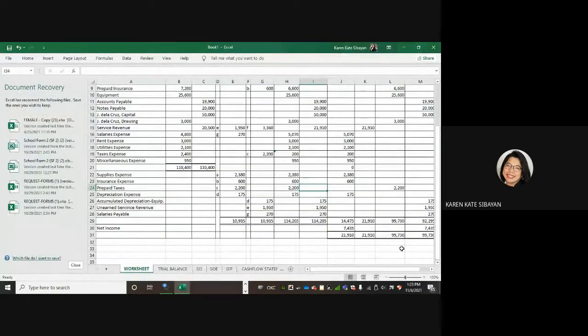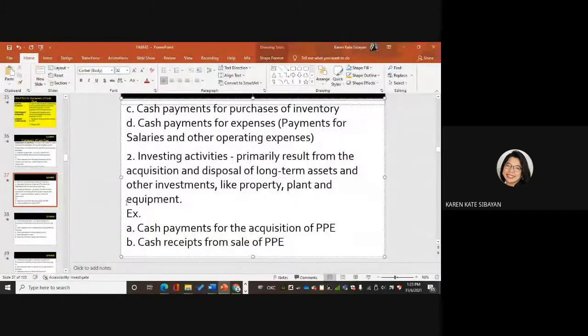Ulitin ko ha. Cash flows from operating activities, ang concern lang dyan is there should be an effect on your income and expenses. Okay?